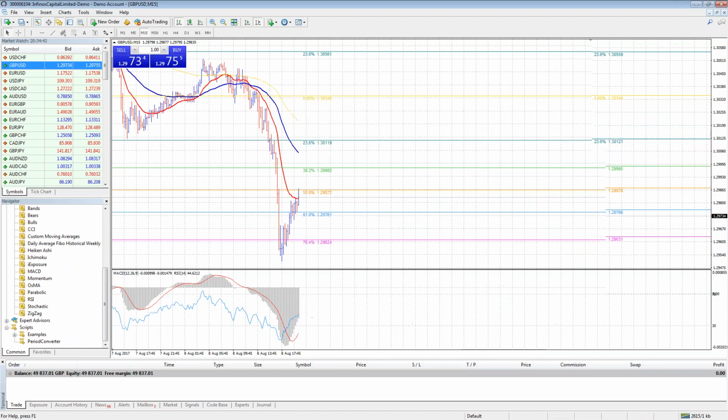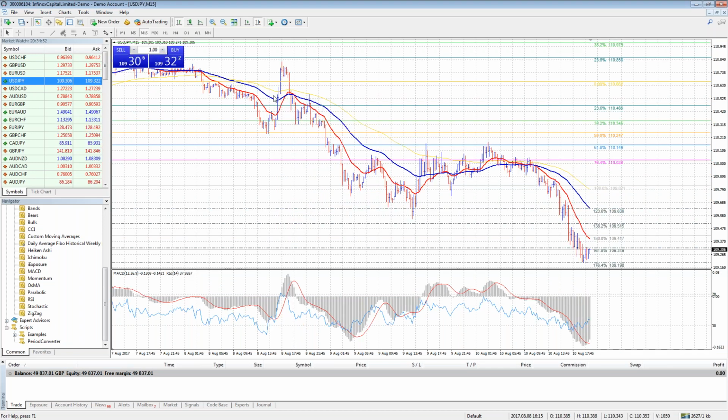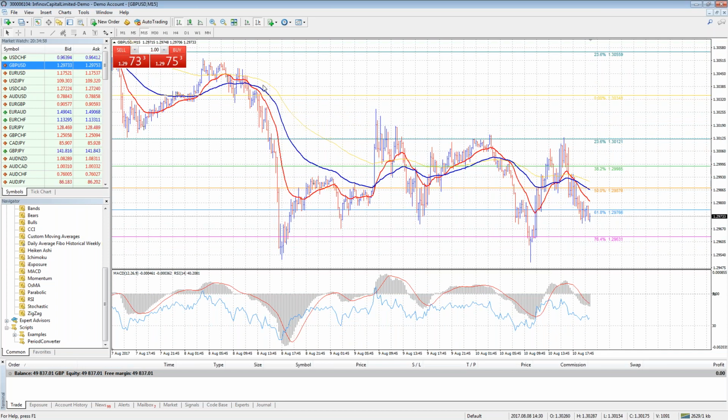Let's now go and have a look at pound dollar. Now, remember, pound came up against a stiff bout of selling on the 8th. As you can see, dollar yen, actually, go back to dollar yen, back on the 4th, I should say. Back on the 4th, came up some stiff selling in pound dollar after the Bank of England meeting, which didn't go down too well for the pound.